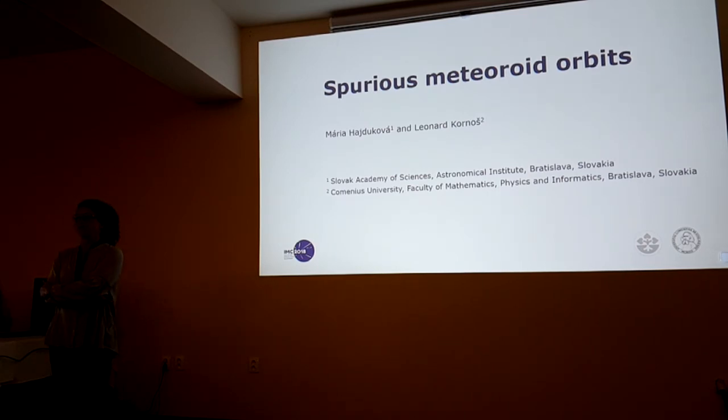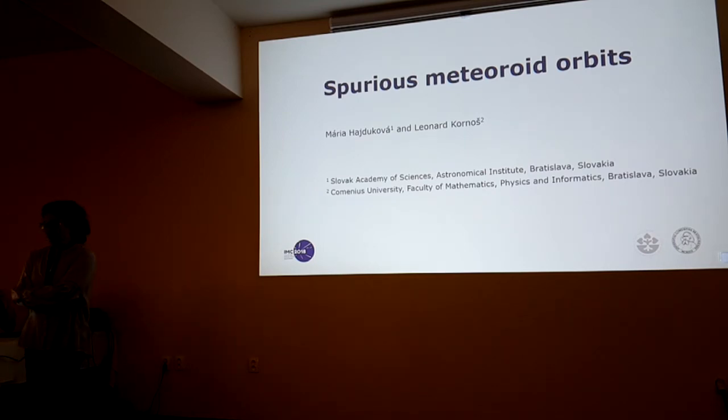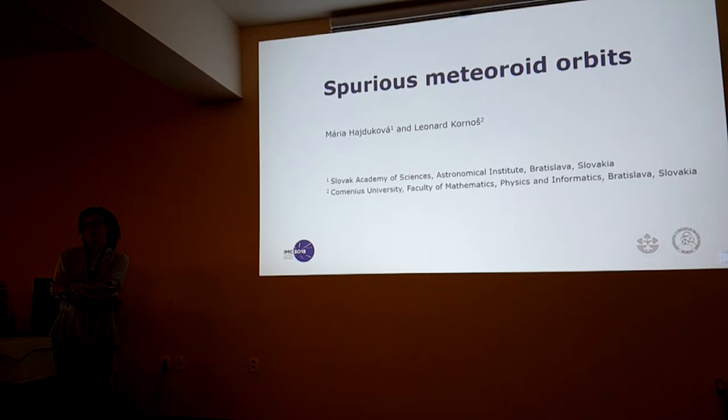We want to only demonstrate how strong this influence can be and how easy it is to obtain a meteoroid orbit which is actually not real. And not only one meteoroid orbit, because these days we have hundreds of thousands of meteoroid orbits, which is a great statistical material and very useful for many purposes.